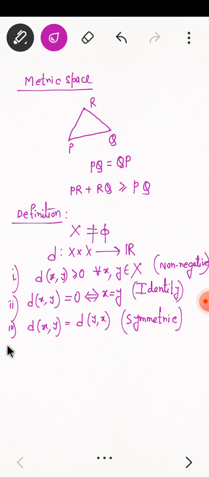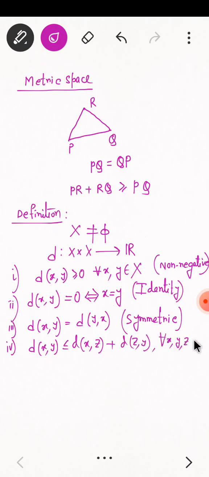And the fourth condition is D of xy less or equal to D of xz plus D of zy for all x, y, z belonging to capital X. This is the triangle inequality.